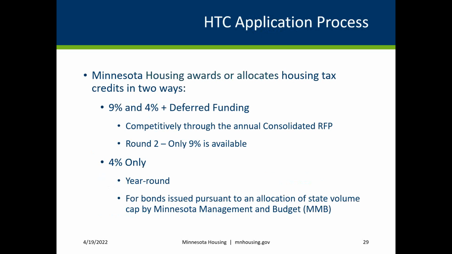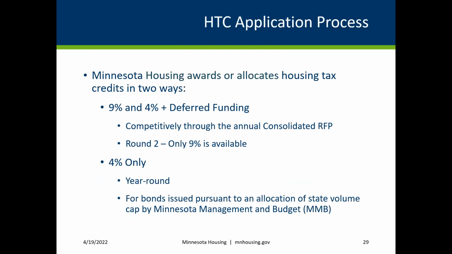Switching gears a little bit to the 4% only, the 4% only tax credits are available year-round for bonds issued pursuant to an allocation of state volume cap by MMB, Minnesota Management and Budget.